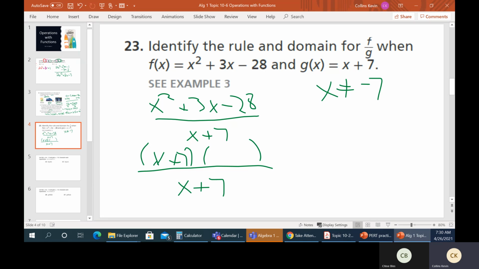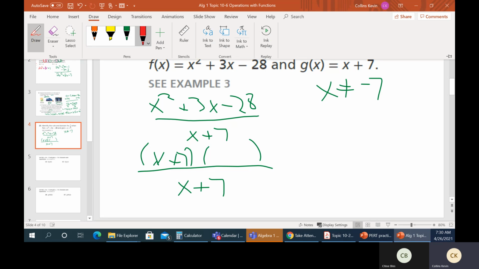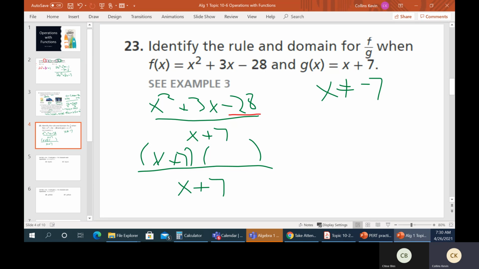Easily. Check this out. All you have to do is you say, all right, let's switch colors. I have minus 28 here. If I take minus 28 and divide it by positive 7, what do I have left? So negative 28 divided by 7 gives you what?